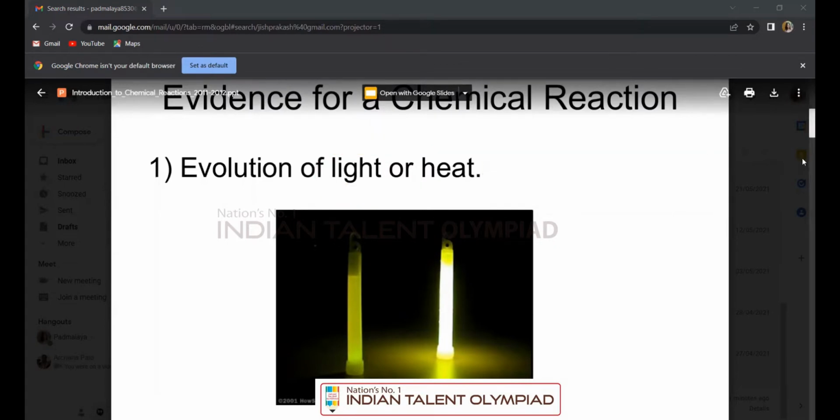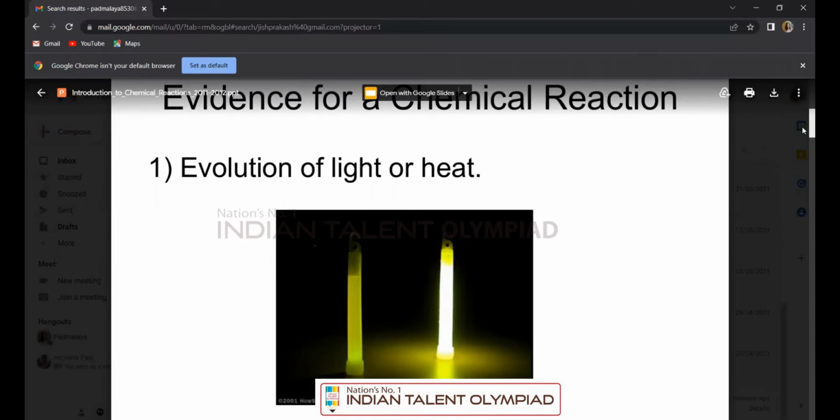Next, can you give me an example for evolution of light? See here, a simple thing I can go with is turning on a light. Just think you have a bulb. Before turning on the bulb, when you touch the bulb, you feel cold. When you turn on the light, what happens there?